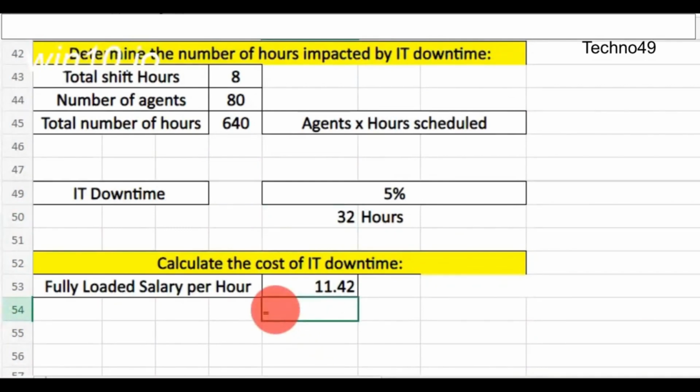We have the IT downtime, which is 32 hours.